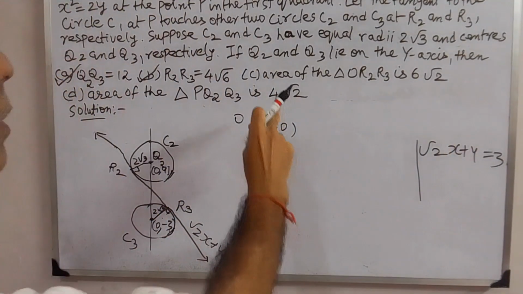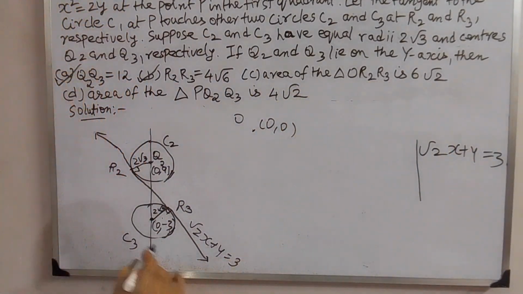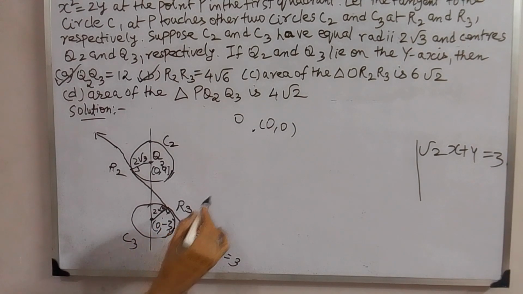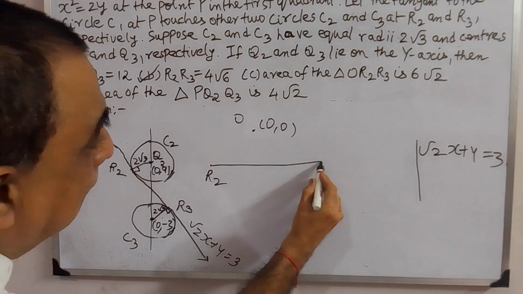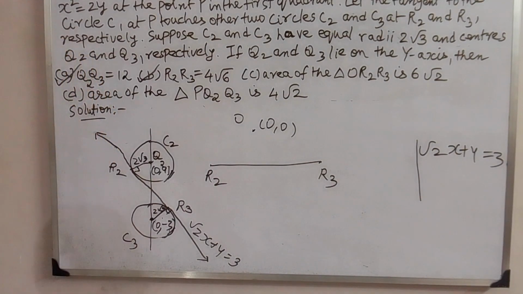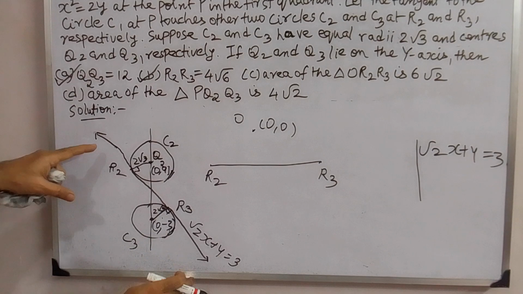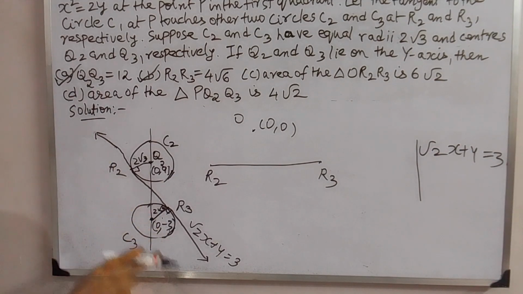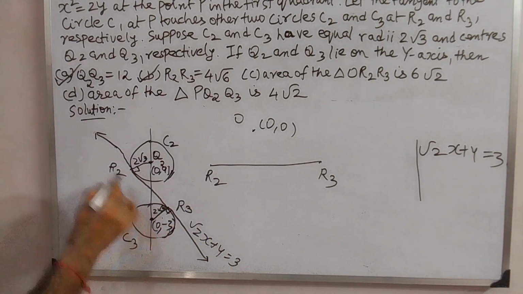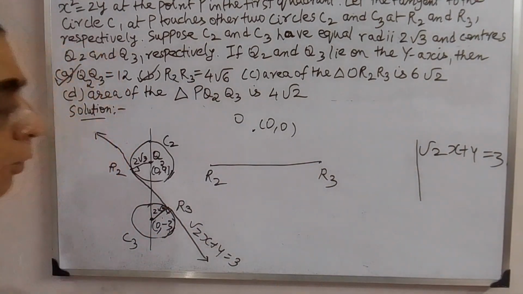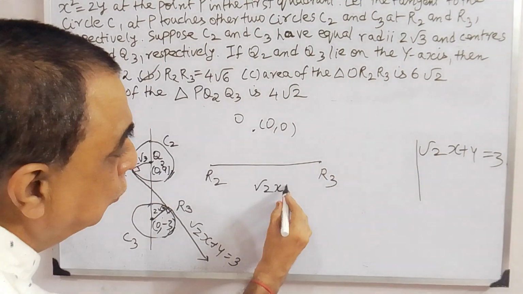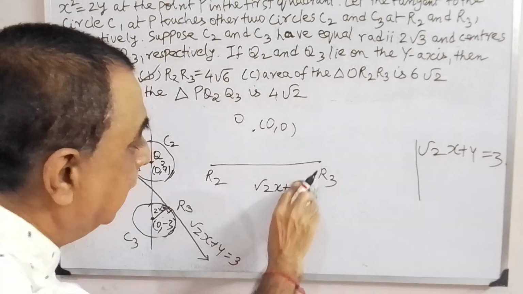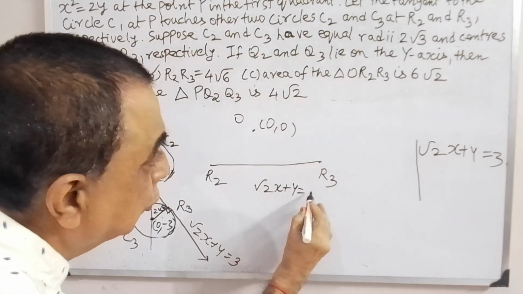Here we need the area of the triangle OR2R3. R2 is this and R3 is this, and R2R3 is lying on the tangent line, whose equation we have already found, 2 root 2 x plus y equals 3.